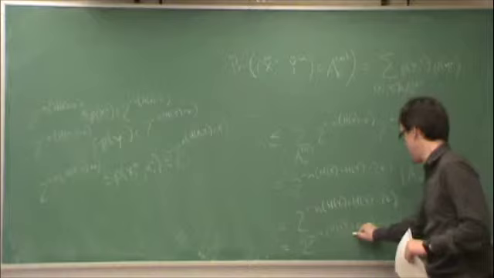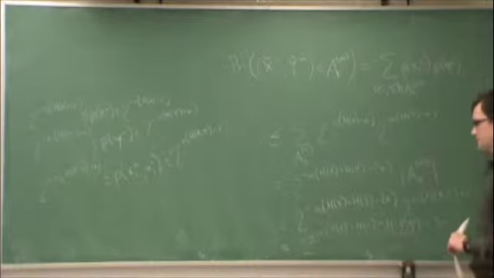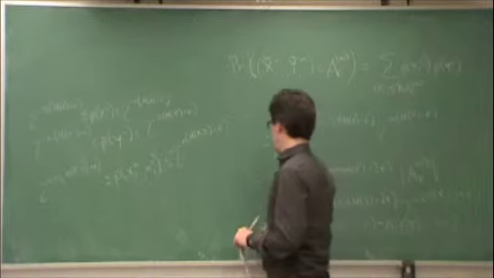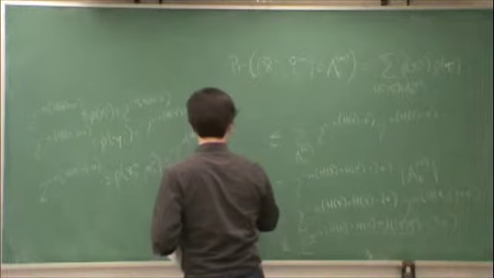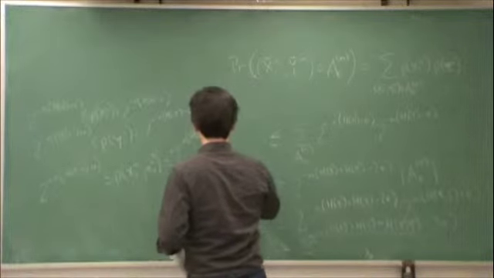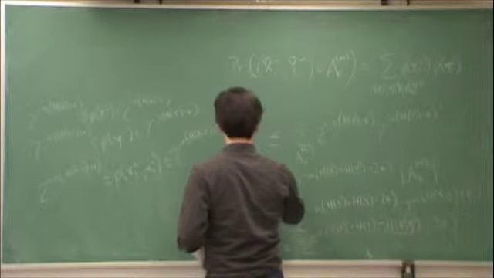What is this? Mutual information. Which is equal to 2 to the minus n mutual information minus 3 epsilon.